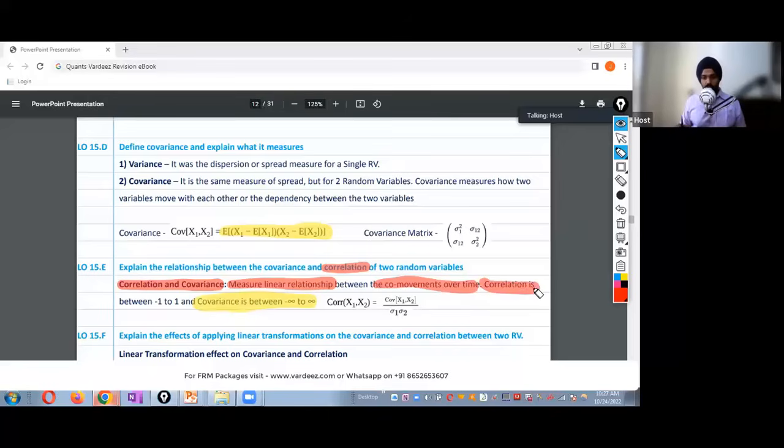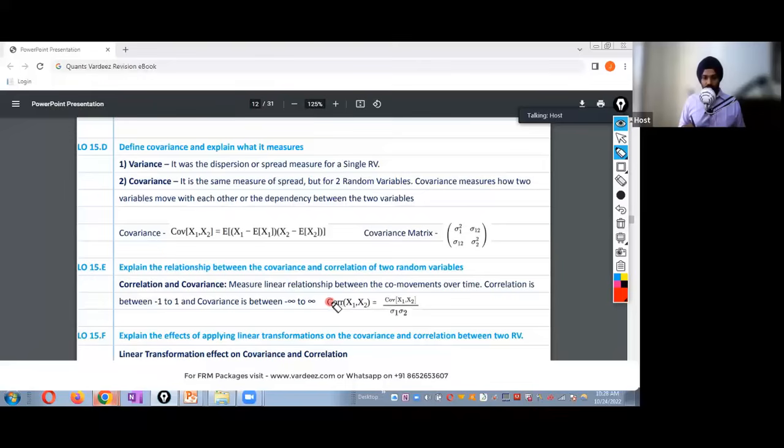But the better thing about correlation is that it's standardized, and the values range between -1 and +1. You cannot have a value of 2, 3, 4, 5, 10, nothing like that. That's the better thing, and that's why we use correlation a lot.